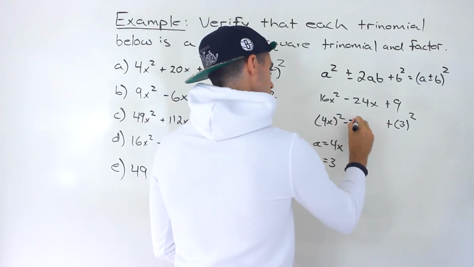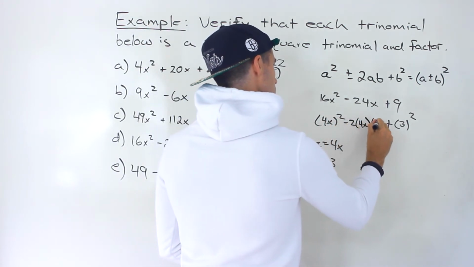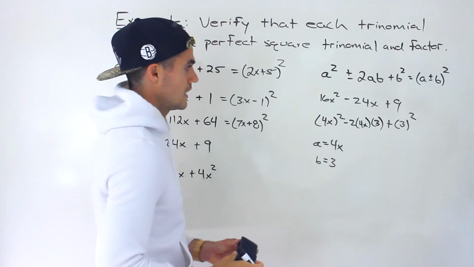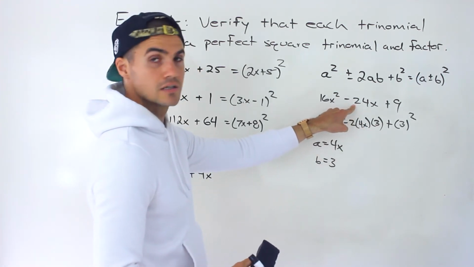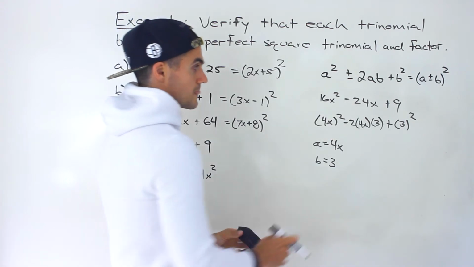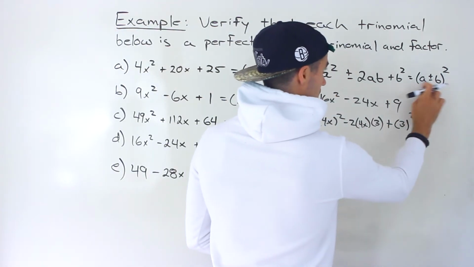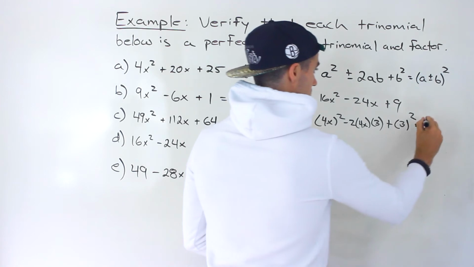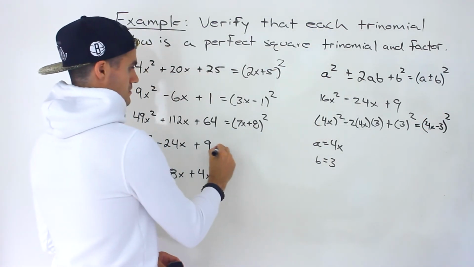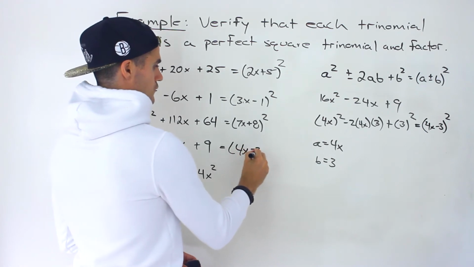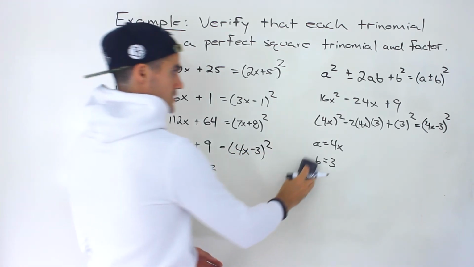So we have minus 2 times the a value times the b value. And then notice negative 2 times 4x, negative 8x times 3 does indeed give us negative 24x. And then this would be a minus b, 4x minus 3 squared.